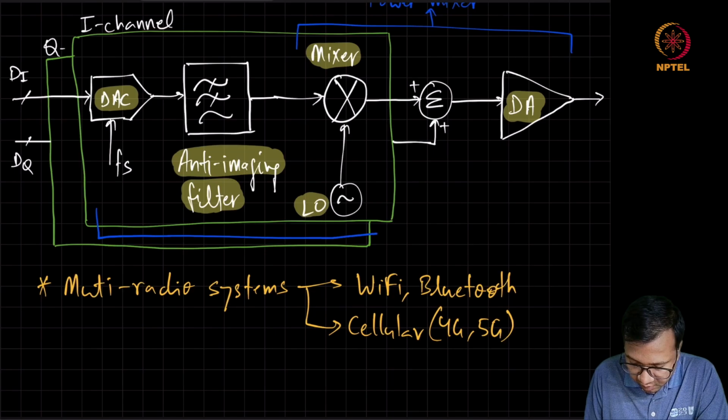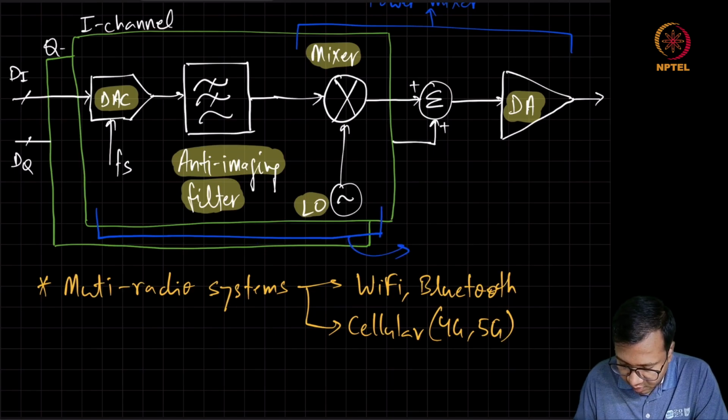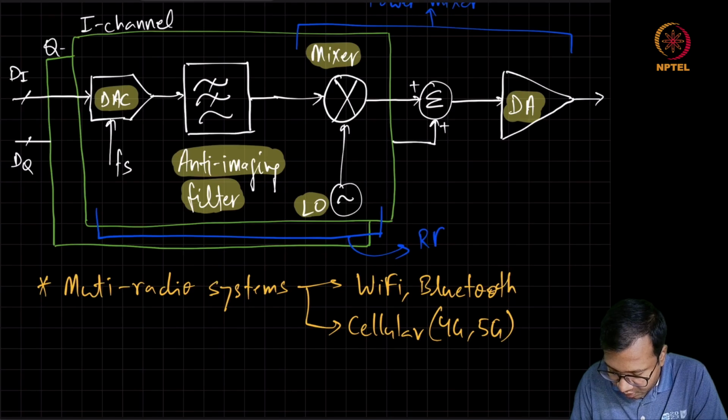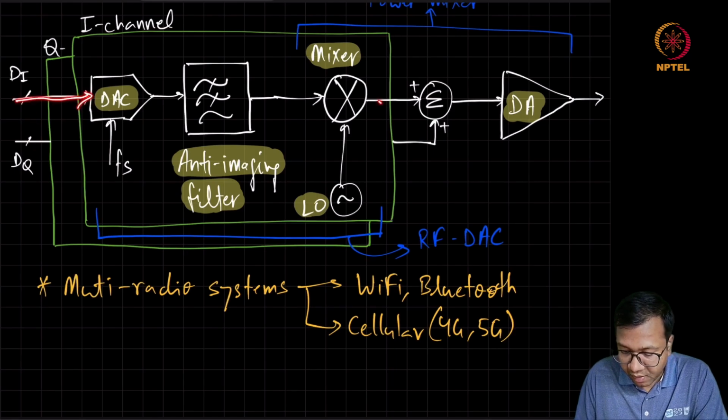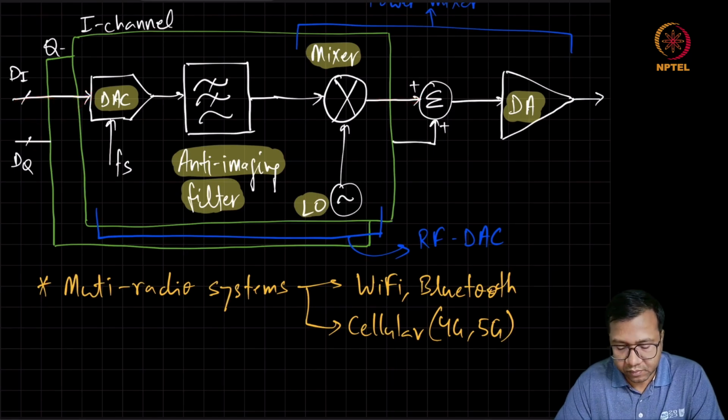So a radio frequency digital to analog converter can take a digital input and directly generate an RF output. And by keeping all those blocks mostly digital, it is possible to design a transmitter which can support multiple wireless standards.